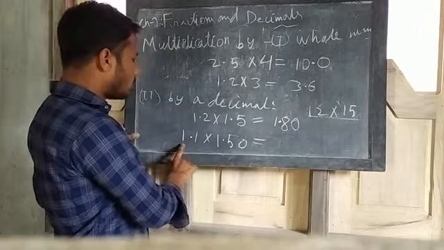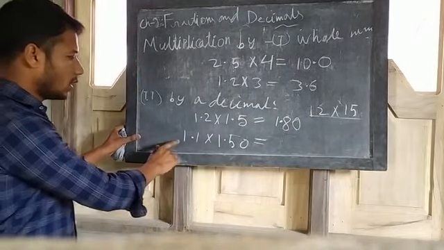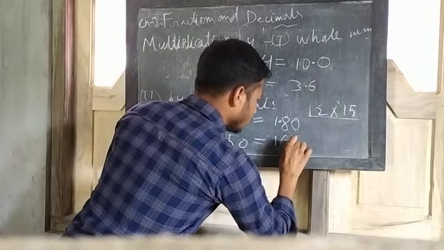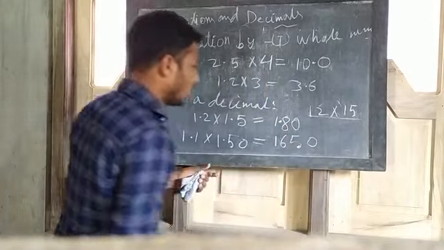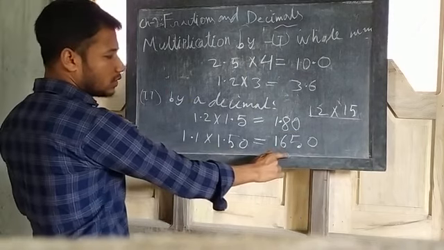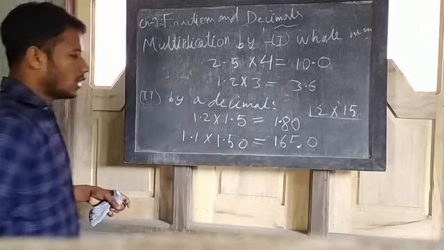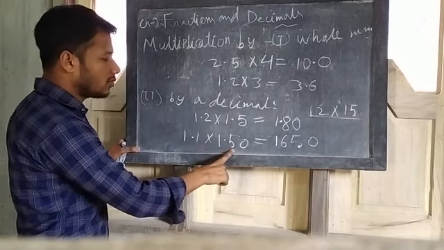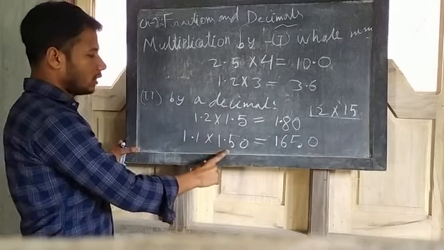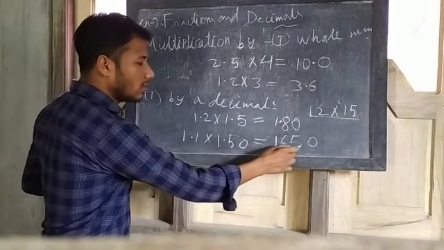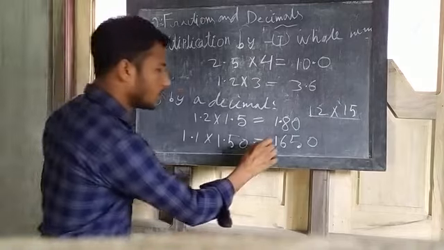So first multiply the digits. If we multiply 11 into 150, this will be 1650. Now see, here the decimal is before one digit and here the decimal is before two digits from the right side. Now 1 and 2, 3. So here the decimal will be before 3 digits.